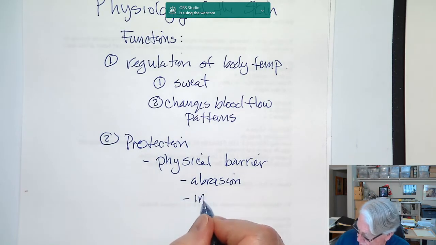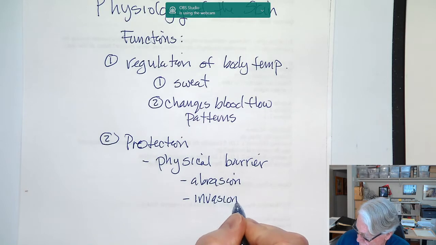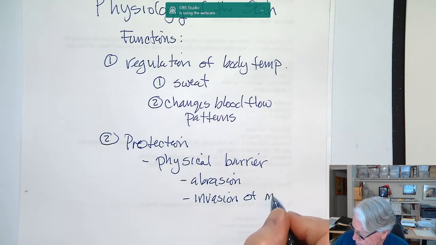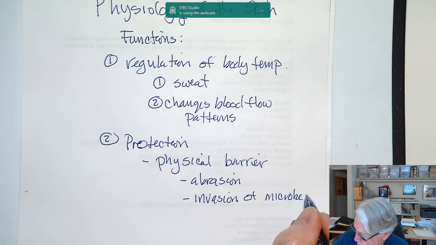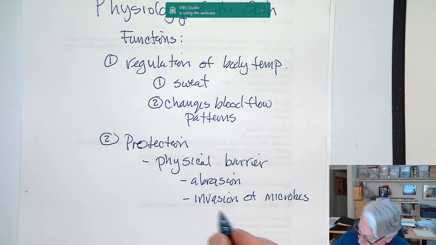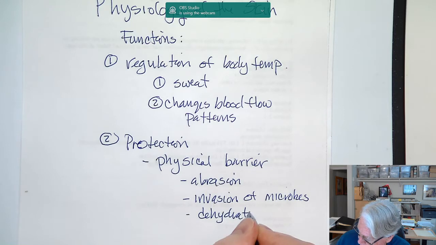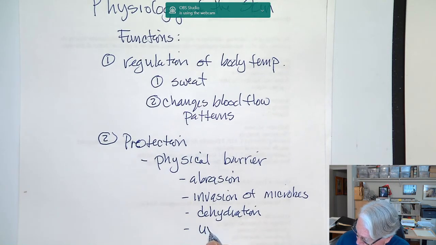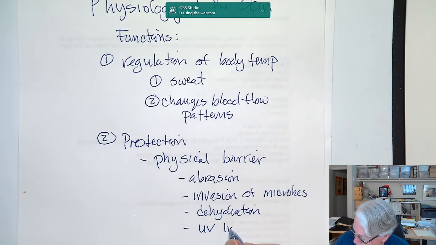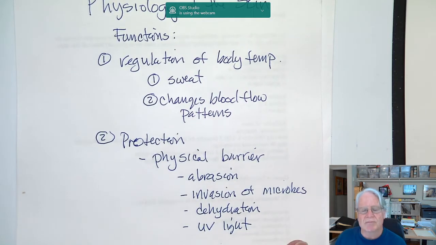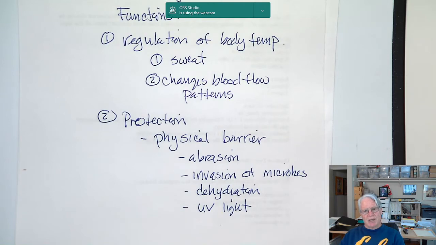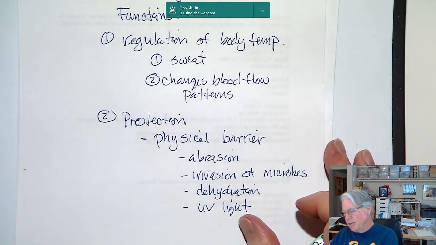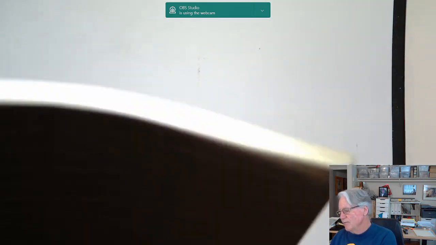The invasion of microbes. Dehydration. And protection from ultraviolet light, which can be damaging to genetic information. So it's a protective barrier for these types of problems.